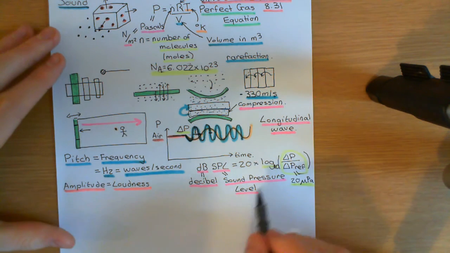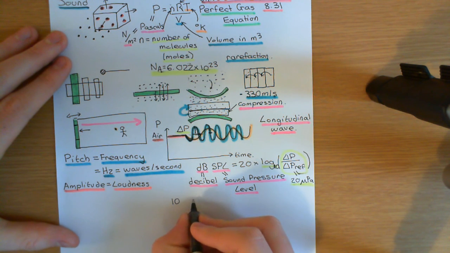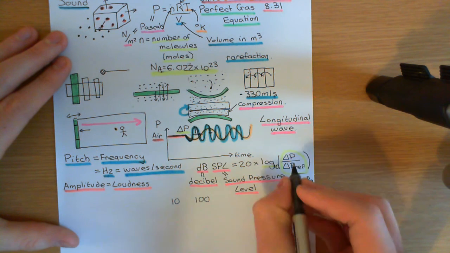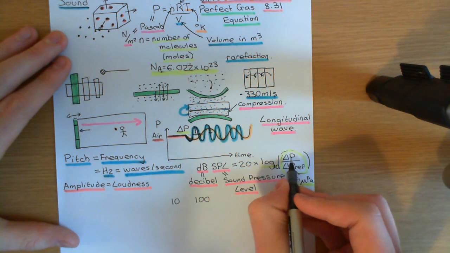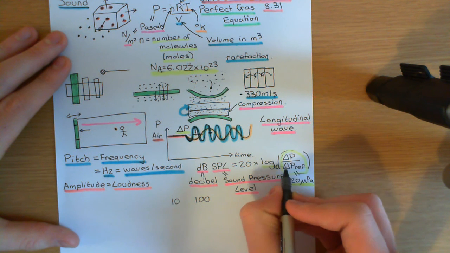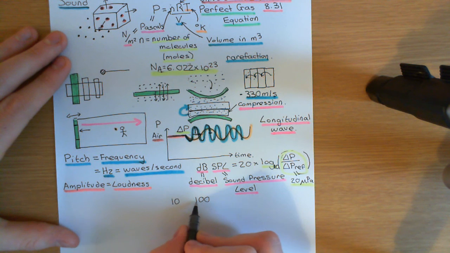So what do I mean by that? If we went from, let's say, a number of 10 to a number of 100 here, so we went from our amplitude being 10 times the reference amplitude to being 100 times the reference amplitude, you can see that that's quite a big deviation.